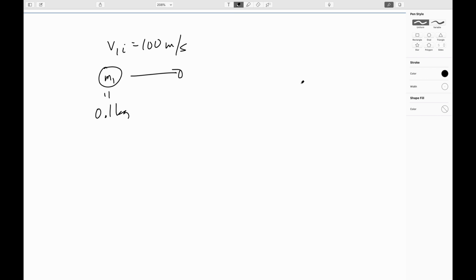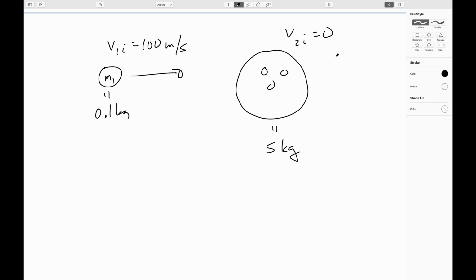Let's say it's going 100 meters per second, and we have it hit a stationary bowling ball. So it's initially going at 0. Let's say the mass of the bowling ball is 5 kilograms. I want to know how fast are both objects going after the collision.